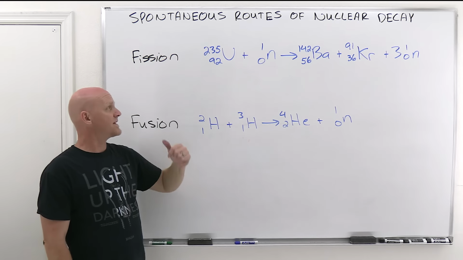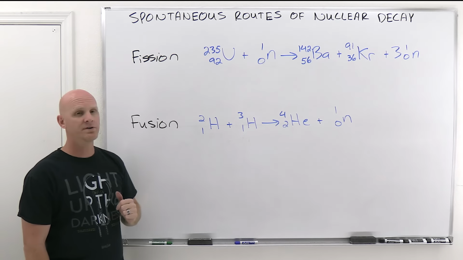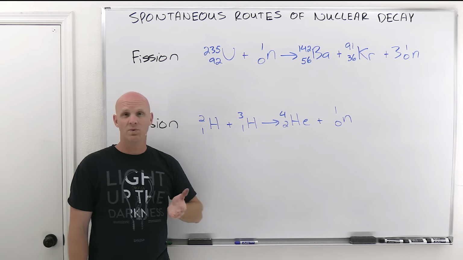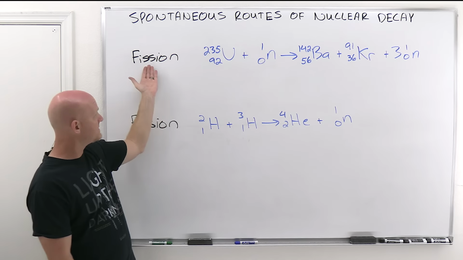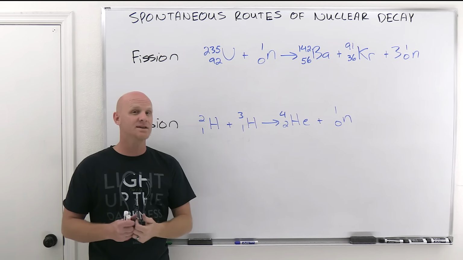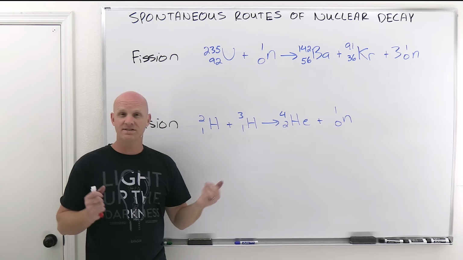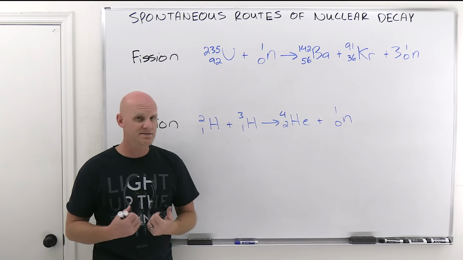All right, so it turns out that heavier nuclei are much more likely to undergo nuclear fission, and lighter nuclei are much more likely to go nuclear fusion. And we actually know where the boundary between heavier nuclei and lighter nuclei lies, and it turns out it's iron-56. That's the specific isotope, and iron-56 is the most stable nucleus in existence.